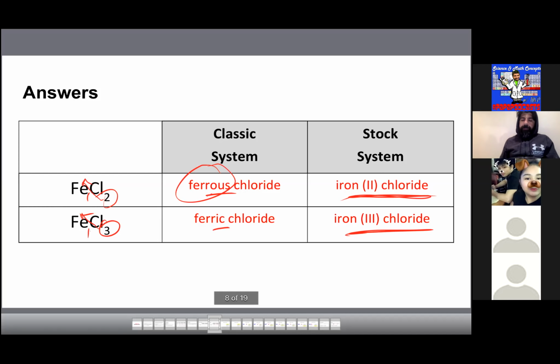Notice again, the Roman numeral is immediately following the metal. For some reason I see in some student work where they put a Roman numeral after the non-metal, like a 1 because the charge for chlorine is -1.